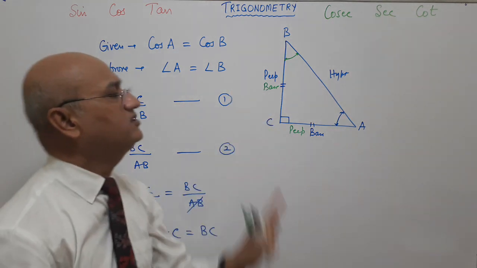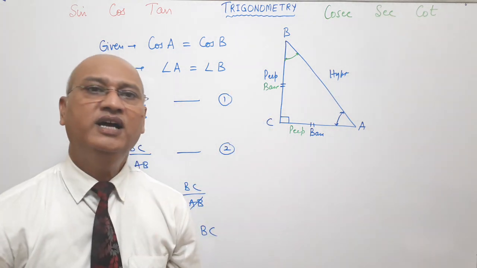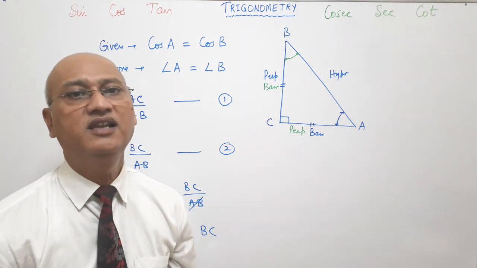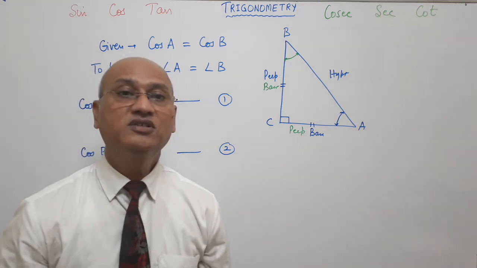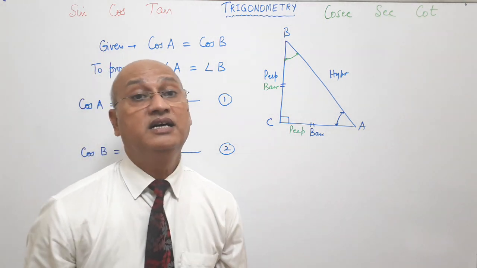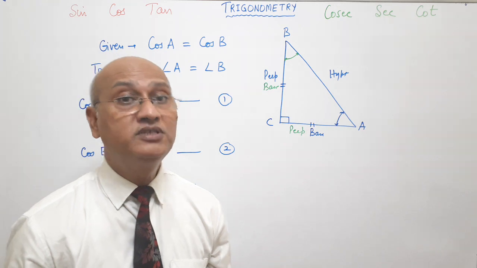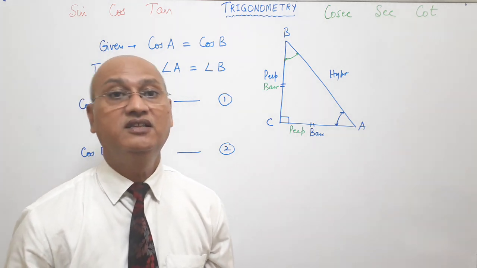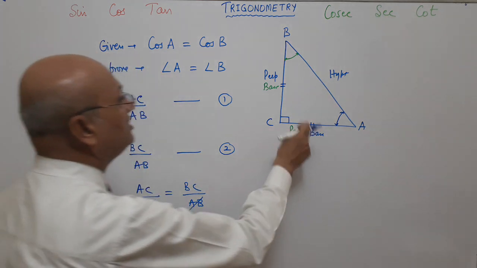Now if two sides of a triangle are equal, you know that it's an isosceles triangle, and there is a property of isosceles triangle that the angles opposite to the equal sides are also equal. Now see these two sides.